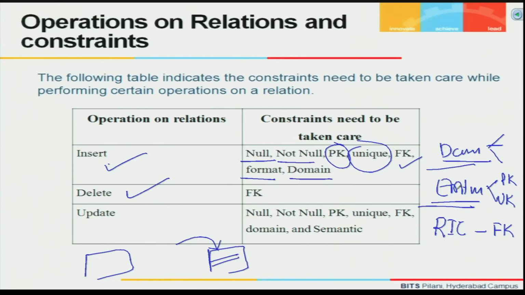Then coming to updates, when we perform update operations, that means you need to change the values under some columns of some relation in a table. So we need to be careful about domain level constraints, because when you change a value, suppose the employee ID I am changing from 101 to something else, ABC.